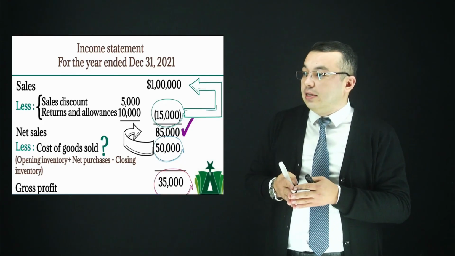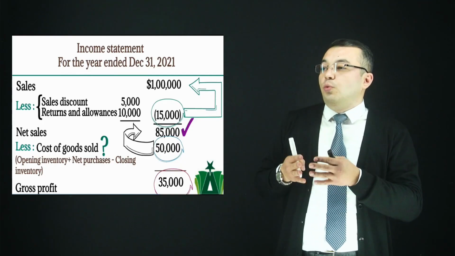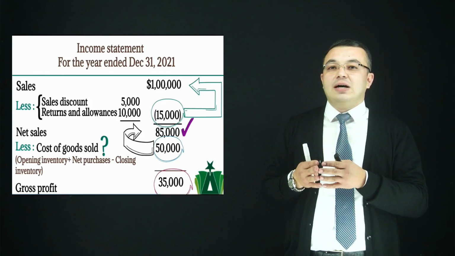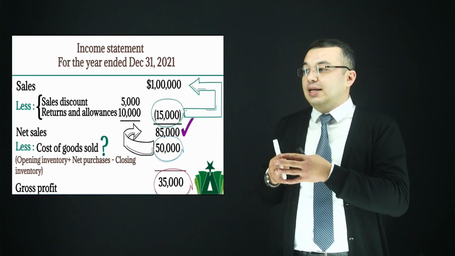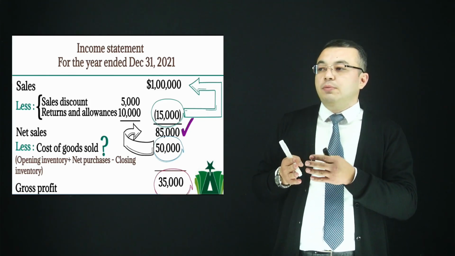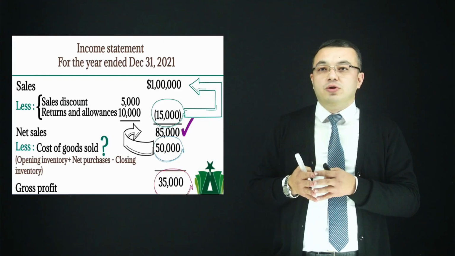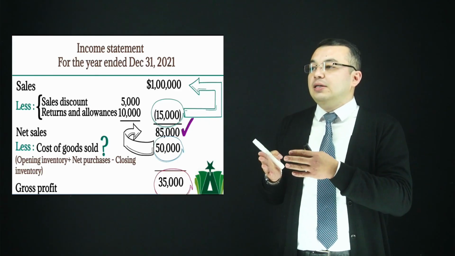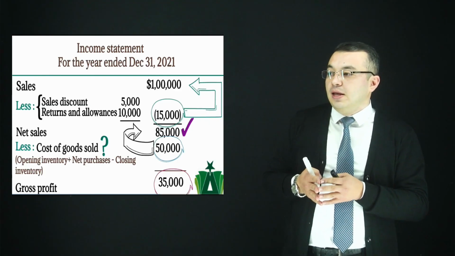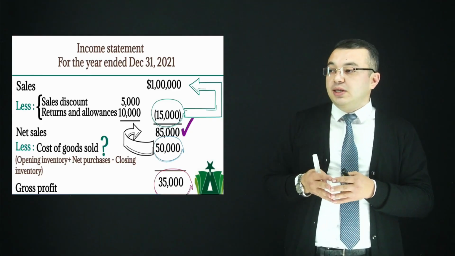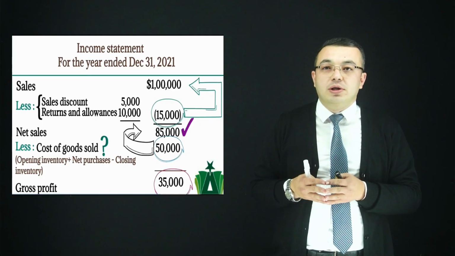Here you can see the net sales, $85,000, less the cost of goods, which will be $50,000, deducted from the net sales. And gross profit will be $35,000.